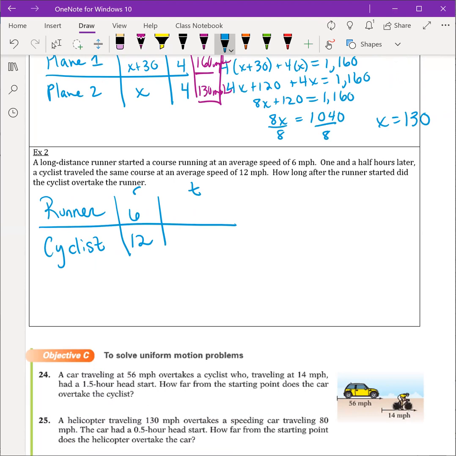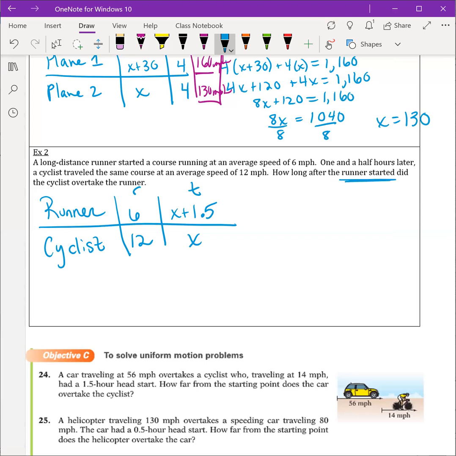Think about this logically. Who is going to take longer, the runner or the cyclist? 1.5 hours later, the cyclist did the same course. So that means that the runner was running for 1.5 hours. How long after the runner started?